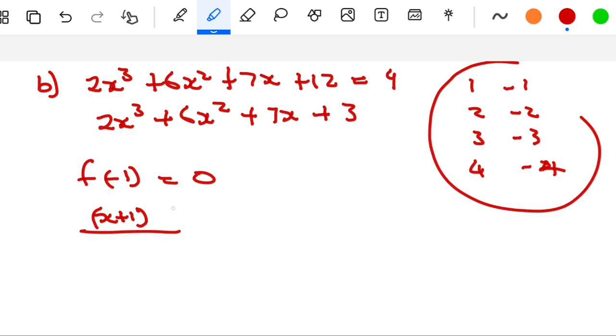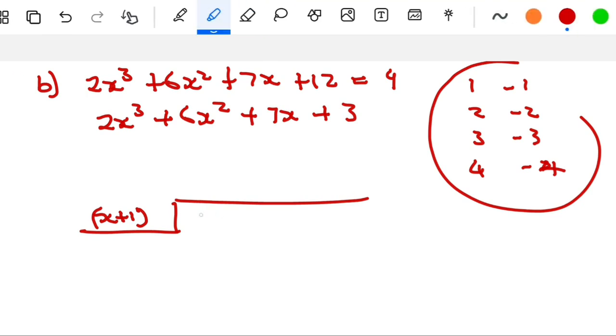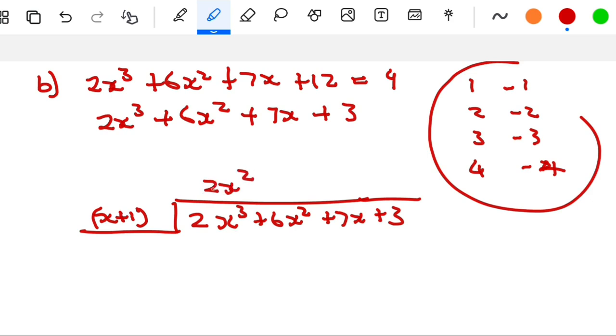So if it is a factor, I can divide with it. So let's divide with that one. This one is 2x cubed plus 6x squared plus 7x plus 3. Then x into 2x cubed is 2x squared. 2x squared times x gives me 2x cubed.